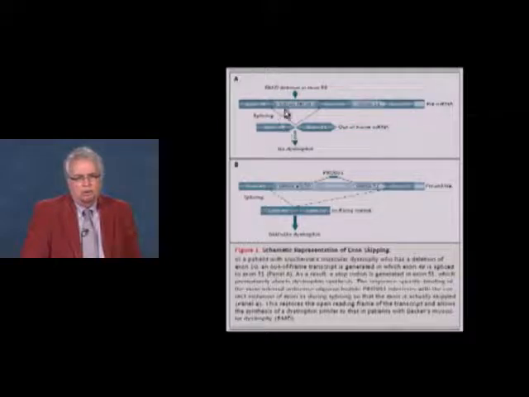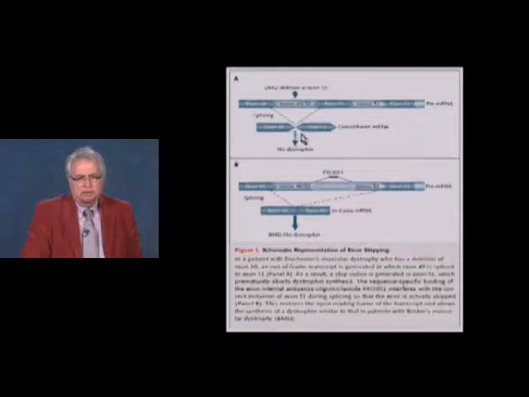So when you have the creation of messenger RNA, that cannot be read normally because it is an out-of-frame messenger RNA. Therefore, you have production of a molecule that is truncated and actually is not dystrophin.